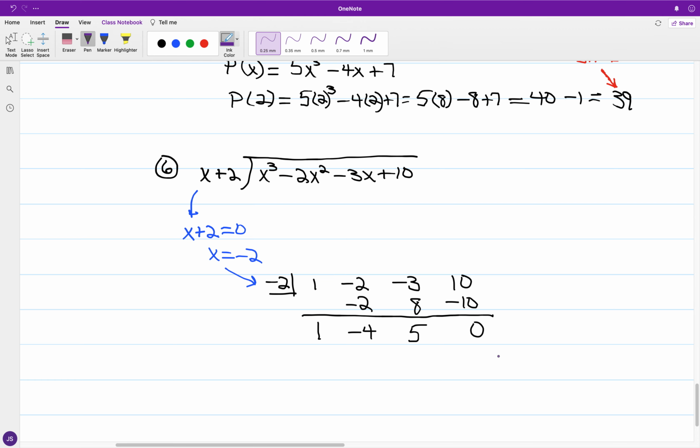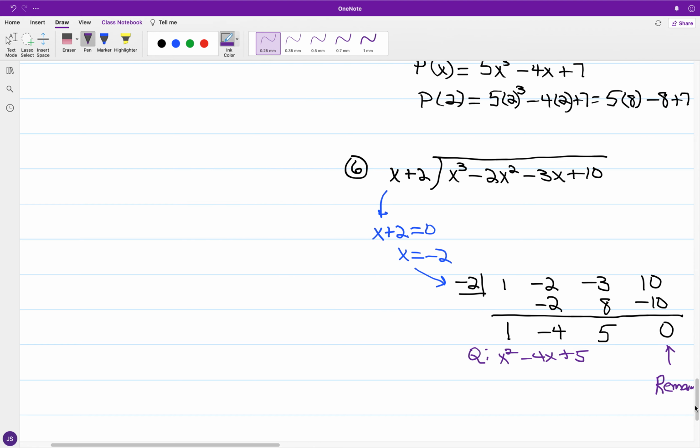And it follows that the remainder is equal to p of the zero of the divisor, which is negative 2, and that is equal to 0. The problem did not ask for the quotient, but that would be x squared minus 4x plus 5. So you have the remainder at 0.